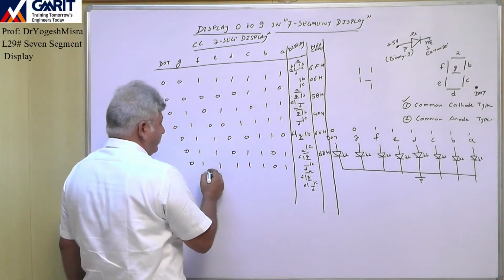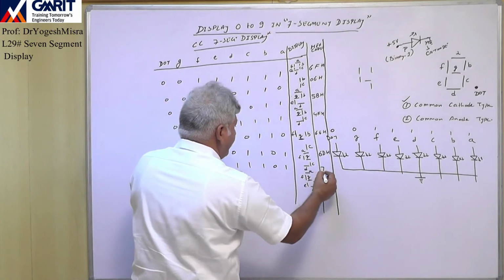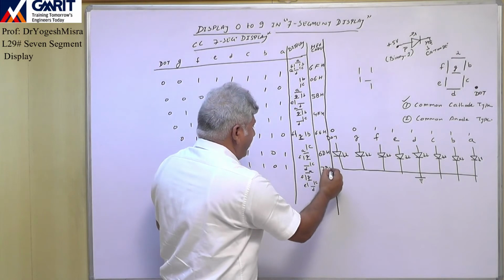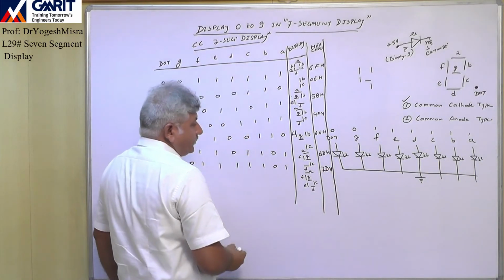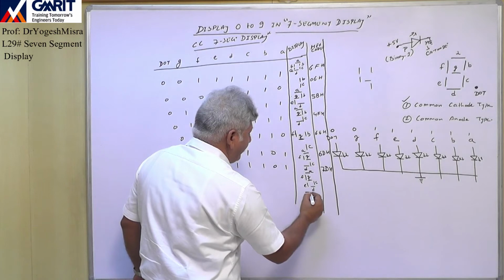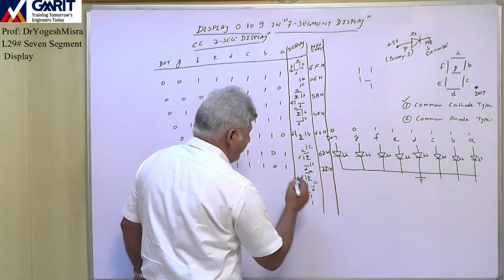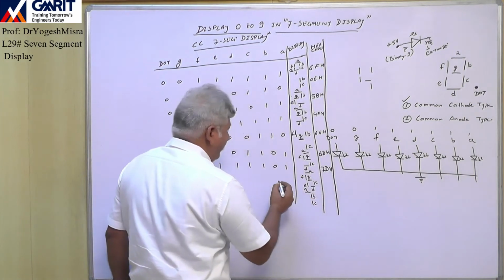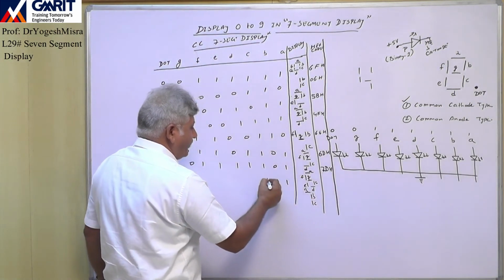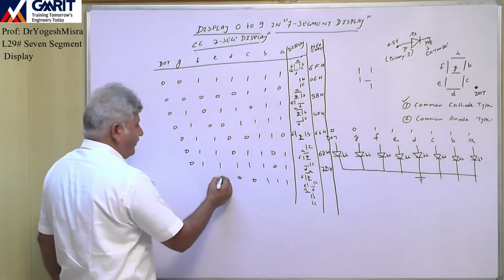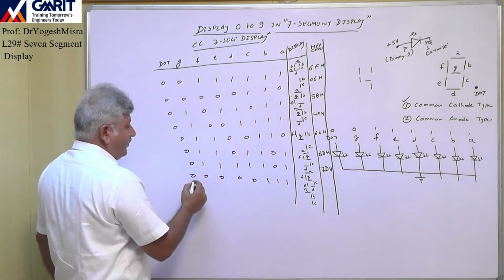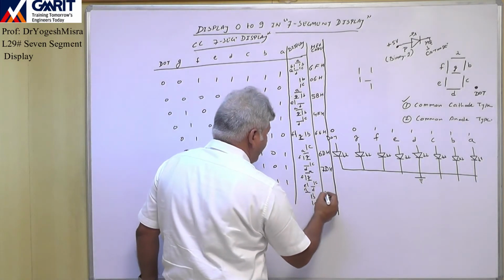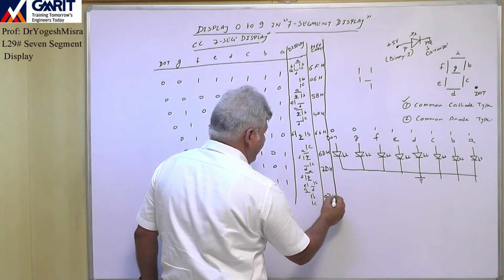So this is 7 and this is 13, 7DH. So 6, after this 7. We display 7 like this. So A, B, C are on, remaining segments are off. So 0 and 7. For 7 it is 07H.